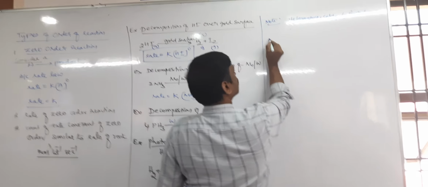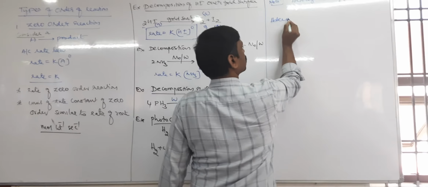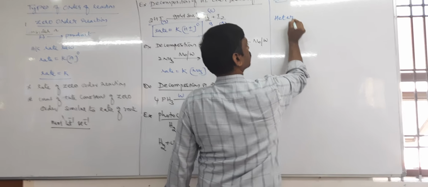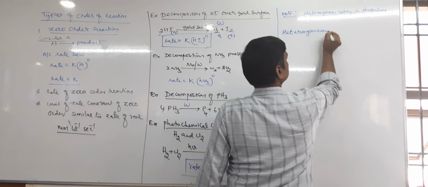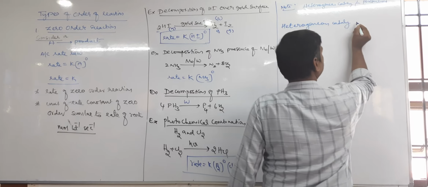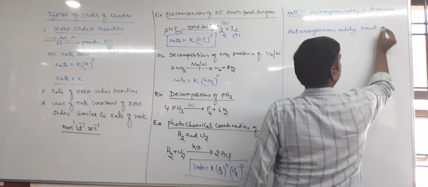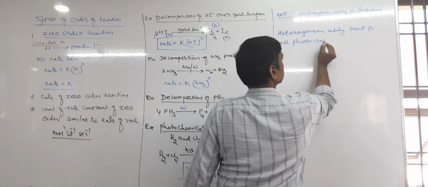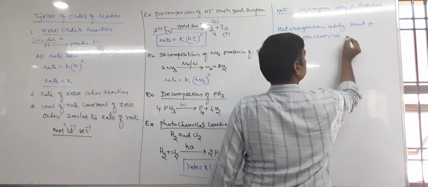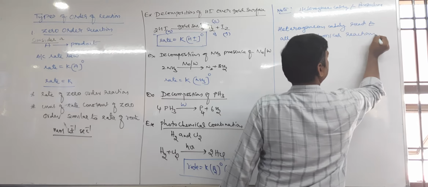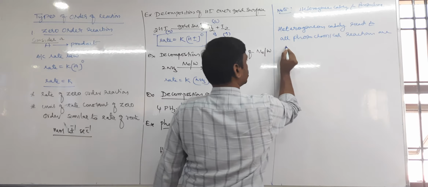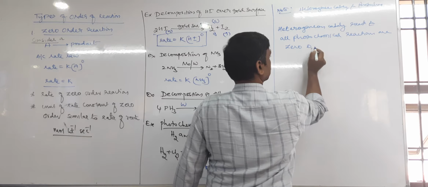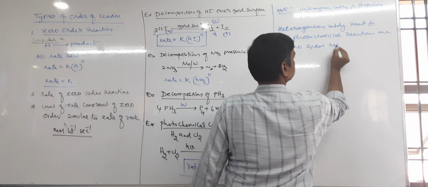Okay, so therefore heterogeneous catalytic reactions and all photochemical reactions are zero order reactions.